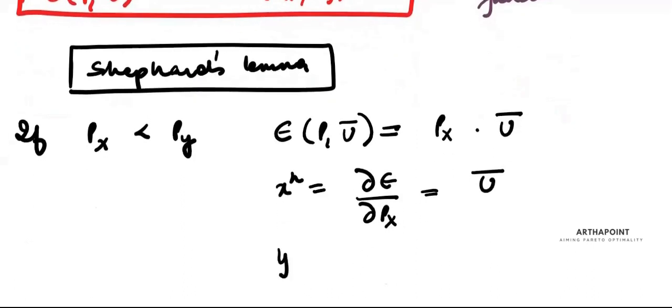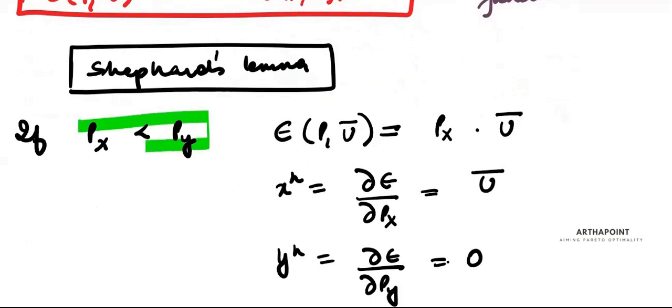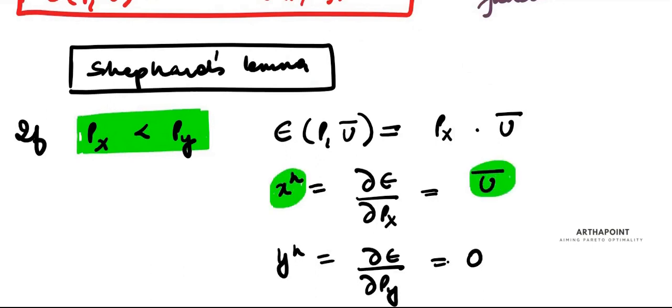And my Y will be how expenditure changes when Py changes, which will be 0. So when Px is less than Py, Hicksian demand function for X is U bar, for Y it is 0.